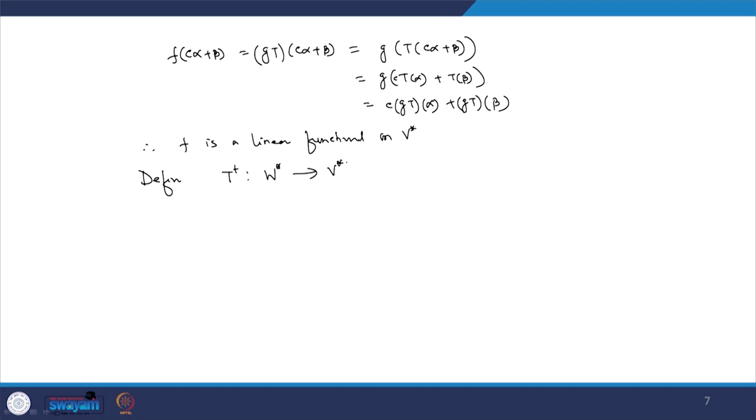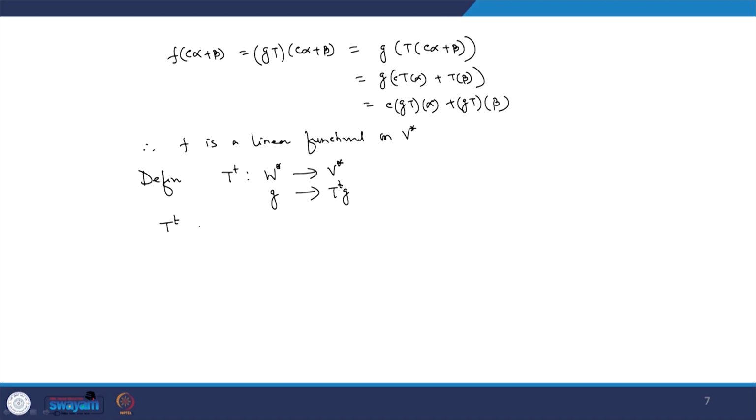See, from the linear transformation T, I am able to introduce a linear functional f, like what I have done here, and that linear functional f is defined on V. So, I can define another function T t which maps each g belonging to W star, I am defining T t g, and that T t g is equal to g into T, please.